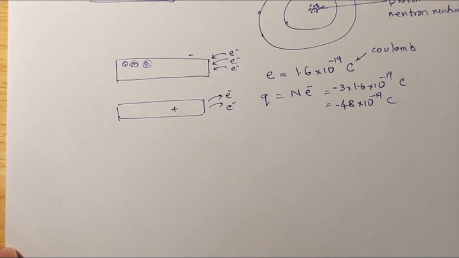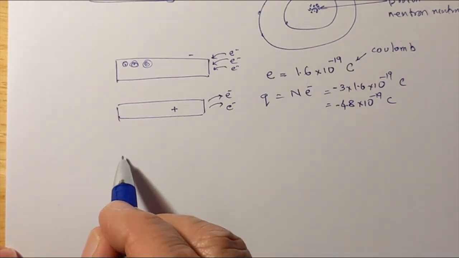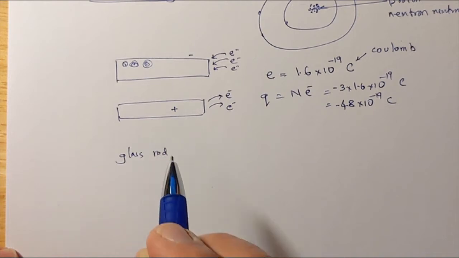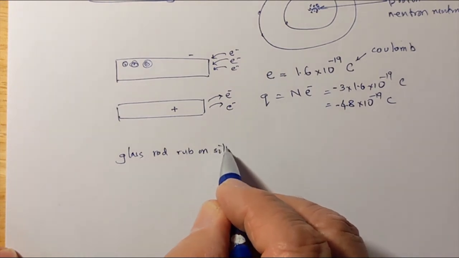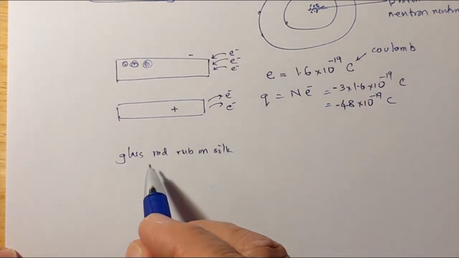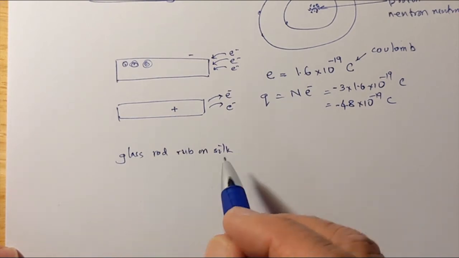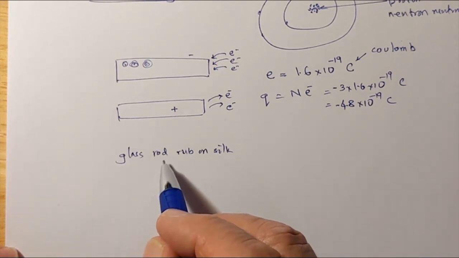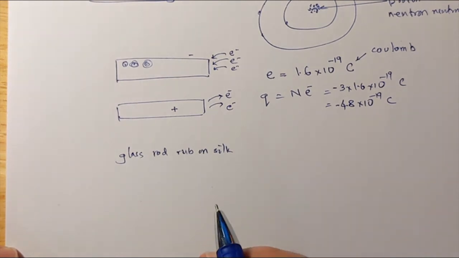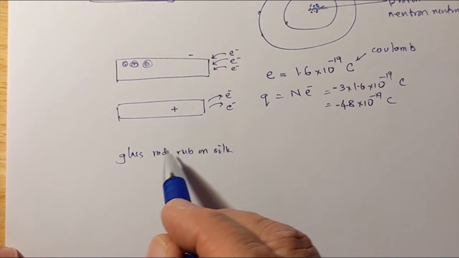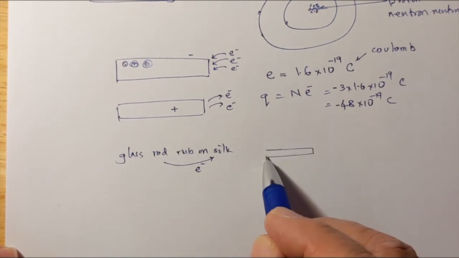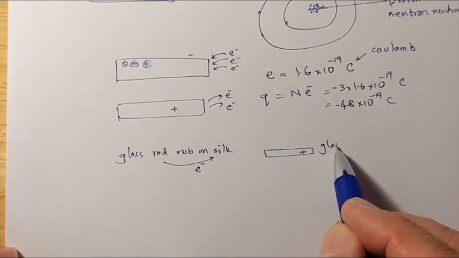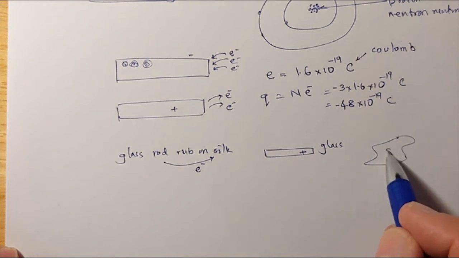Now, if we have, let's say, a glass rod, and we rub it on silk, what happens is that the glass has less electronegativity or less affinity for electrons as compared to silk, and so silk will manage to take some electrons from the glass. So when you rub it on silk, some electrons will go from the glass to the silk, and the result is that the glass rod will become positive and the silk will become negative.